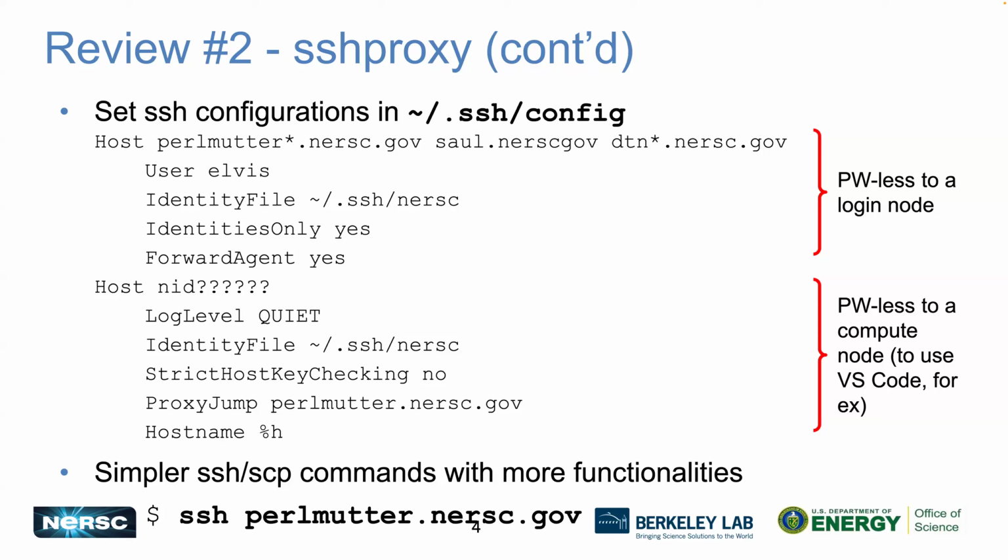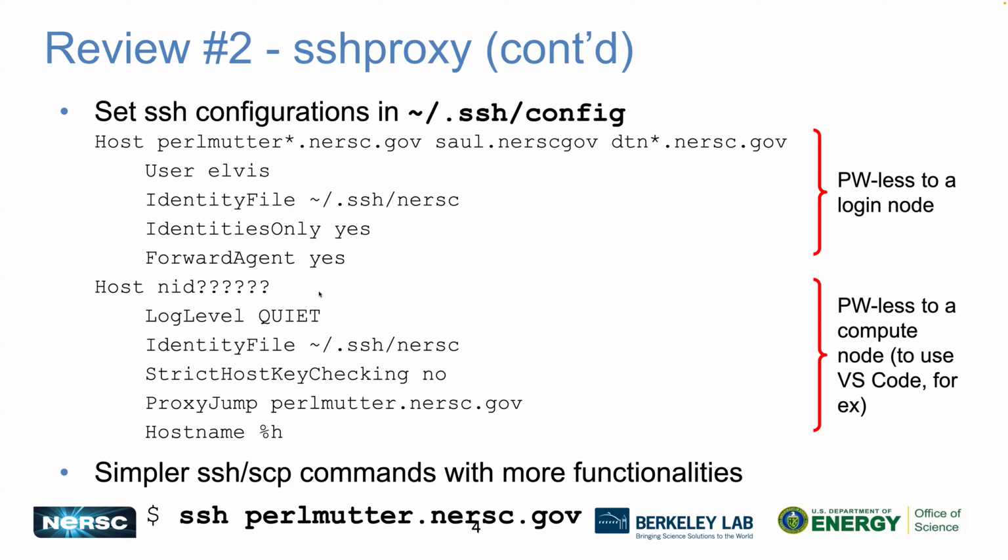You save the private key into the agent, so that you don't have to type anything. It is all handled by the SSH agent. You can forward the agent to Perlmutter if you connect to Perlmutter like that. So this line is for that. You can directly connect to GitHub from Perlmutter without typing anything. The last line, the second block, is taken from our VS Code webpage prepared by NUG, the next speaker.